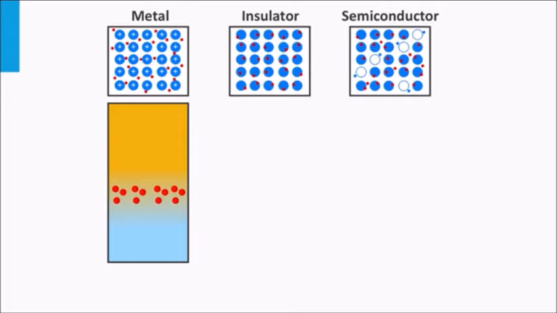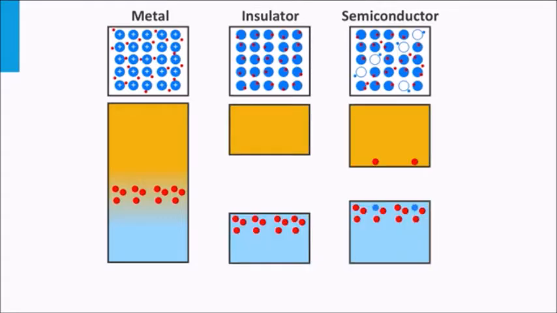This electronic band corresponds to the energy levels in which the electrons can freely diffuse around in the metal. An insulator and a semiconductor, to the contrary, have two distinct bands with a large forbidden gap between them.